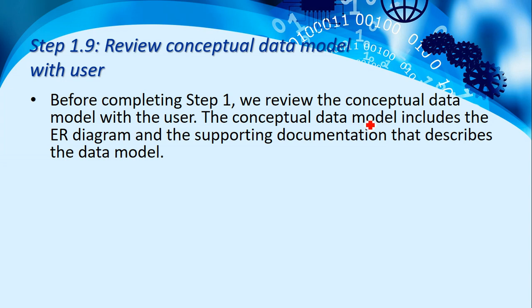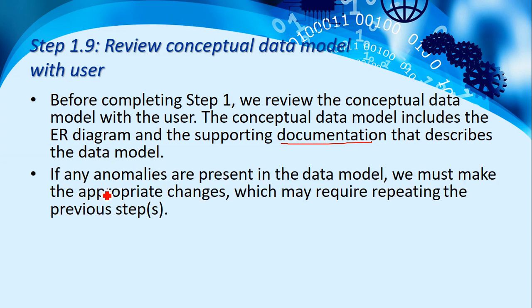So the conceptual data model includes the entity relationship diagram and the supporting documentation. This is pertaining to the data dictionary, no, that describes the data model. If any anomalies, no, problems, no, are present in the data model, we must make the appropriate changes, which may require repeating the previous steps.